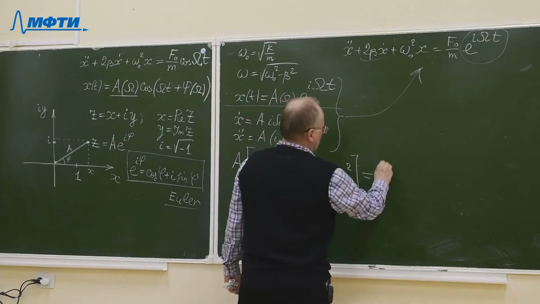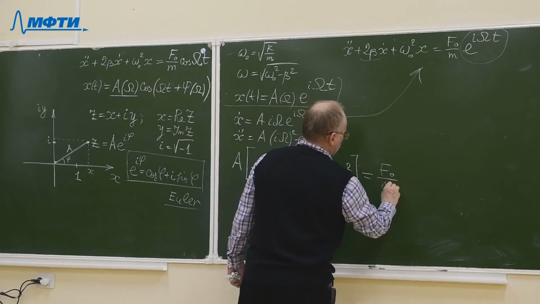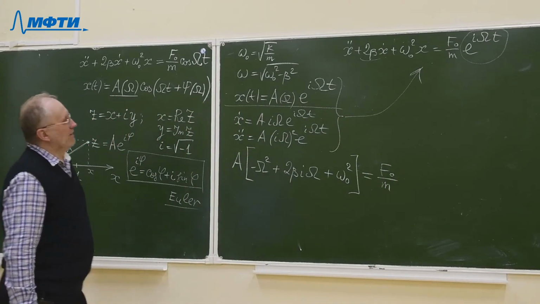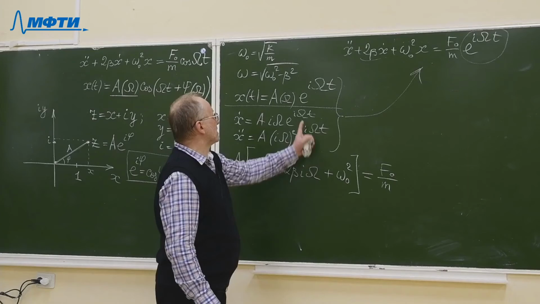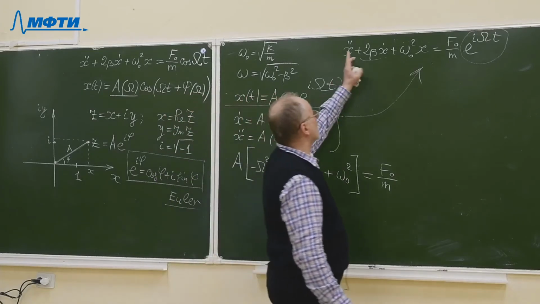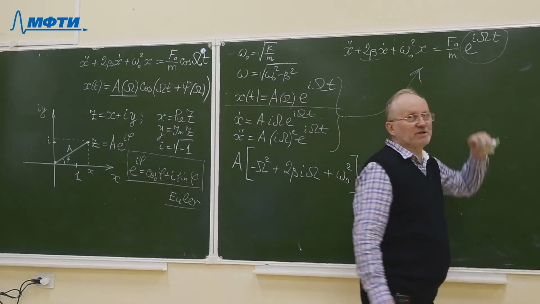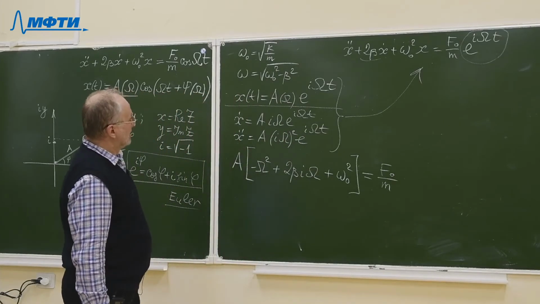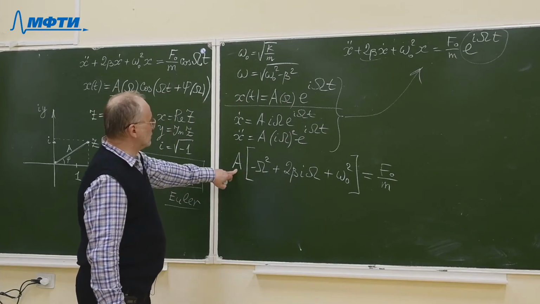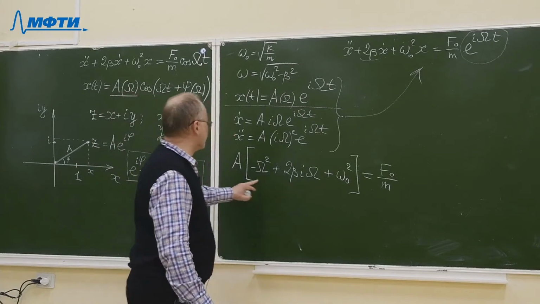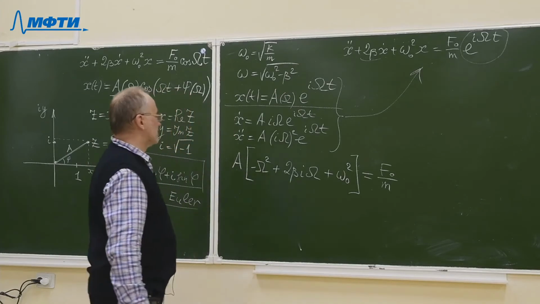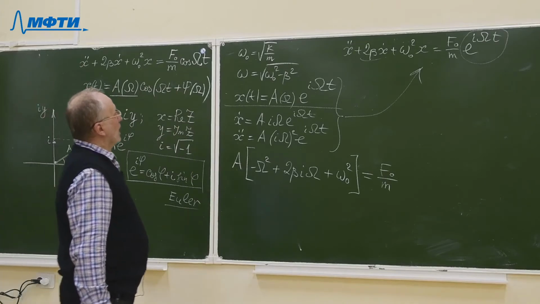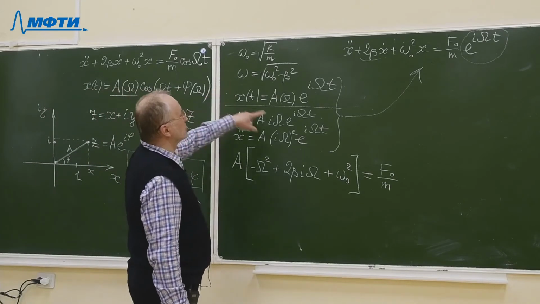And all this is f0 divided by m. All the complex exponents cancelled because they are present in each term of this equation. And also the amplitude a can be factored in the left-hand side of this equation, and that's what we obtain after substituting this function into the equation.